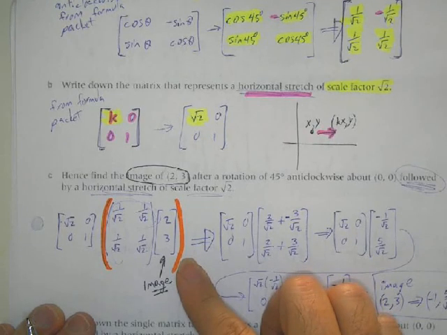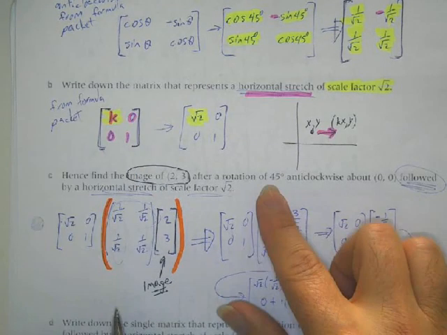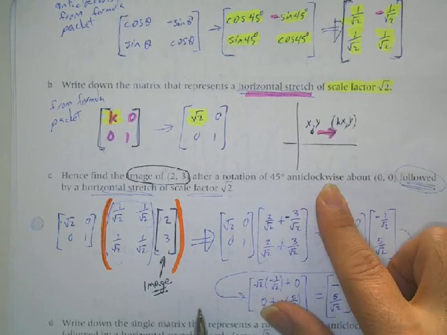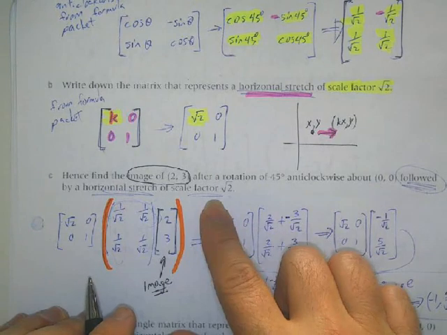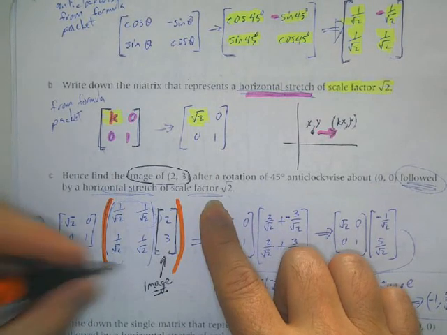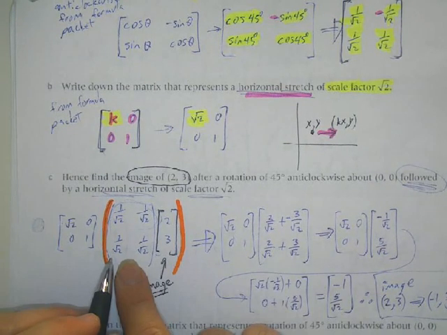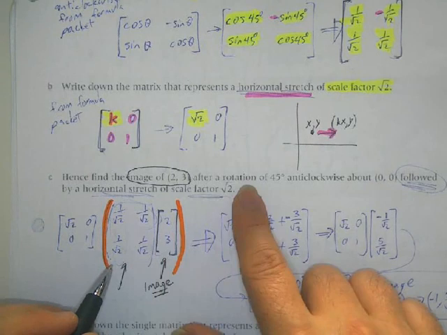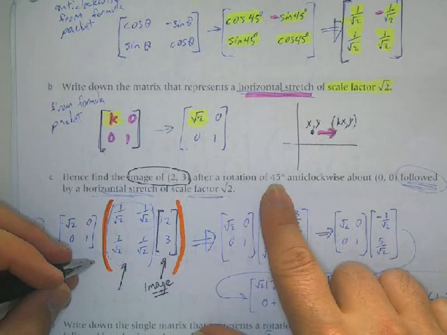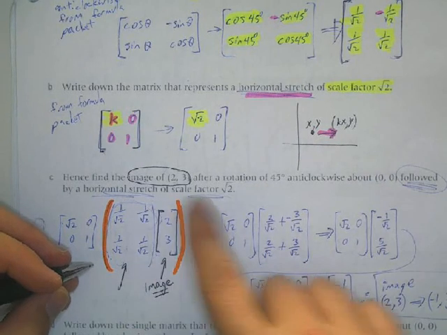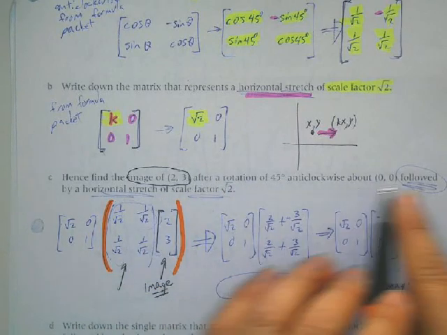After a rotation of 45 degrees counterclockwise about the origin, and then followed by a horizontal stretch. So the first thing we have to do is multiply the transformation of the rotation. So it says we want to find the image after the rotation, followed by the horizontal stretch.